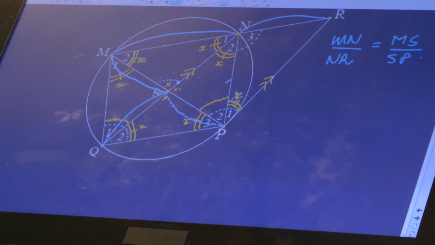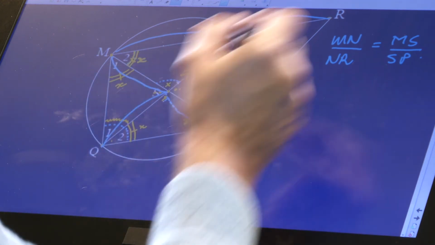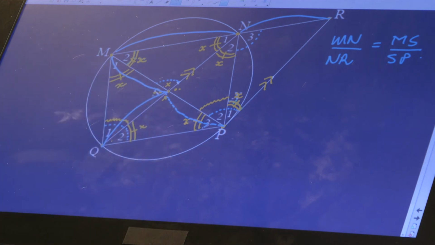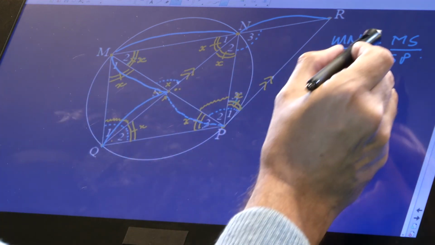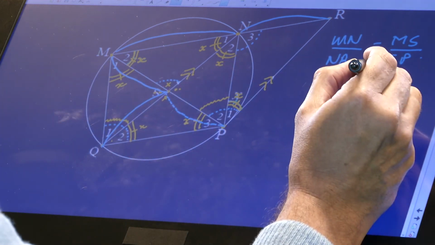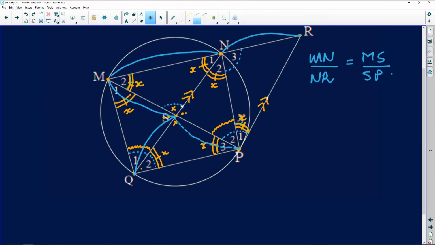So let's start off and let's acknowledge that the lines are given as parallel. Why is MN over NR equal to MS over SP? Because the sides are in proportion from our parallel lines.